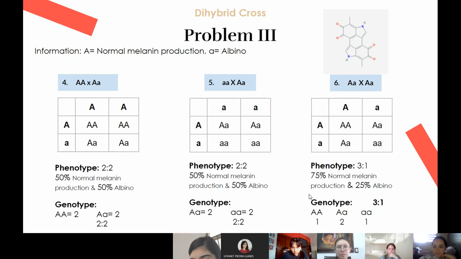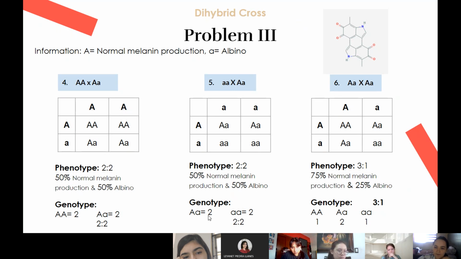And we have more exercises. In the first one, the phenotype is 2 to 2, with 50% normal melanin production and the other 50% albino. In the next exercise, the phenotype was also 2 to 2, with 50% normal melanin production and 50% albino.